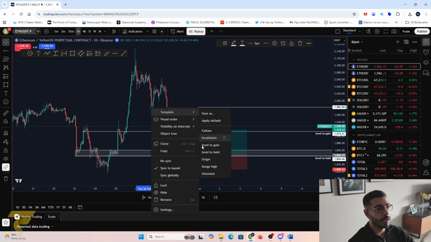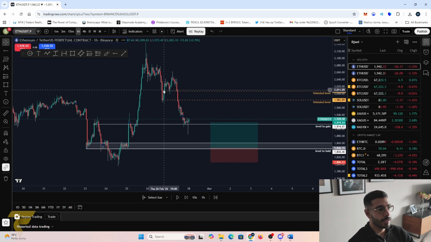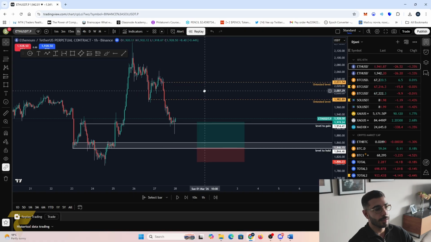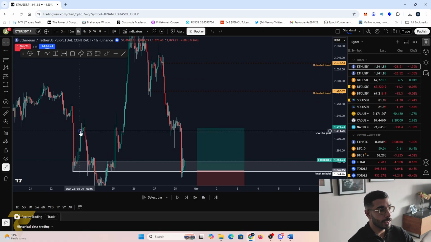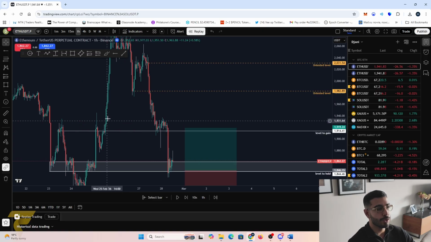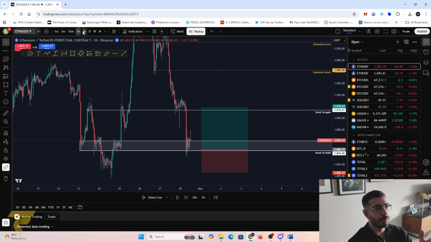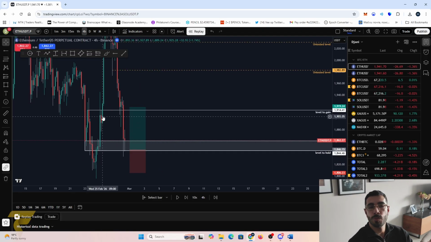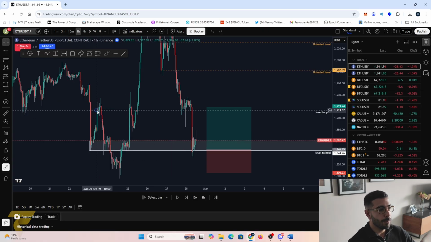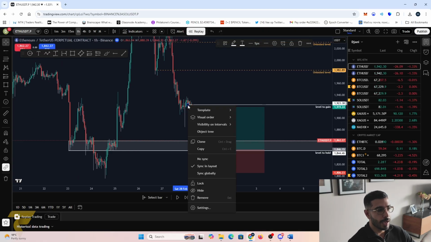This is a very clean untested level. This is also a very clean untested level. So there are multiple untested levels being created. This one as well, okay? Just bear with me. These levels are very clean on the 4 hour, but whenever we are fine tuning the 1 hour, we should actually make this an untested level as well, okay?